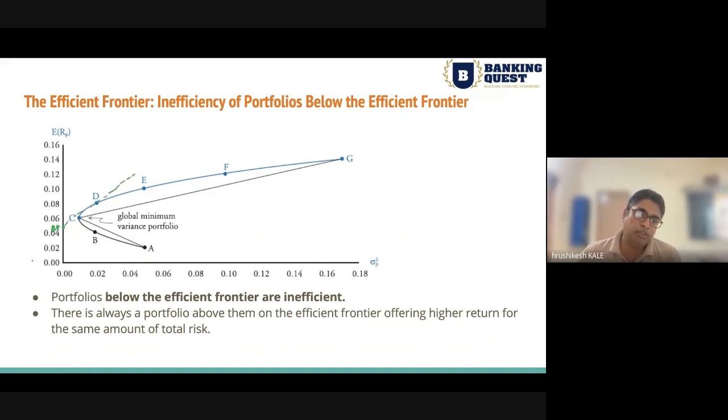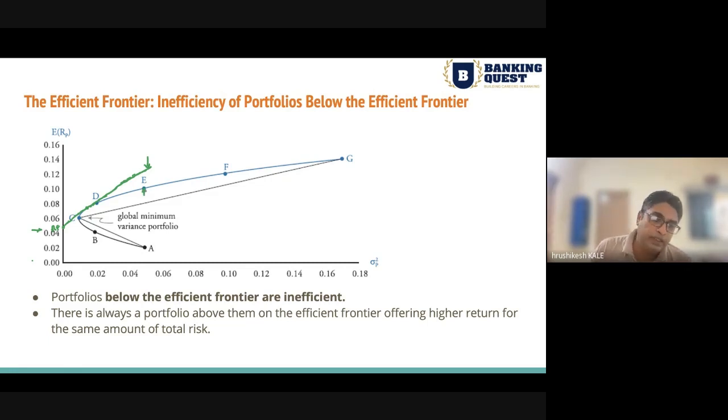I am very bad at drawing, so please try to understand this. So the tangent is drawn from risk-free rate to the efficient frontier. And if we assume that we can borrow and lend on risk-free rate, then we can earn this return also, which is above the efficient frontier.